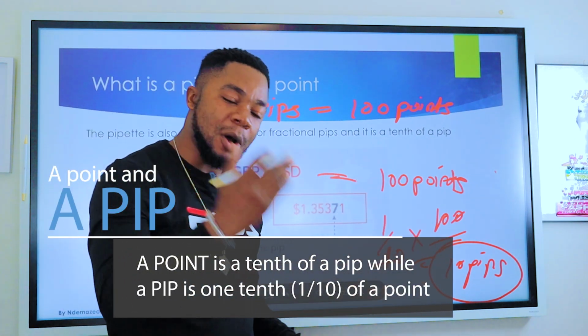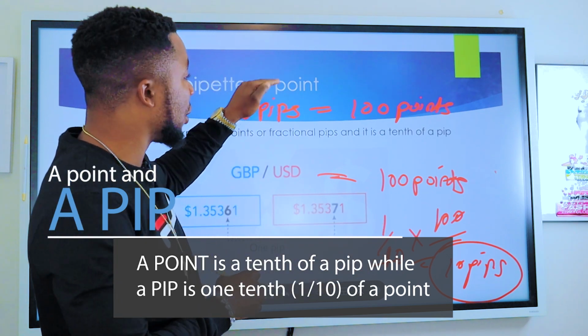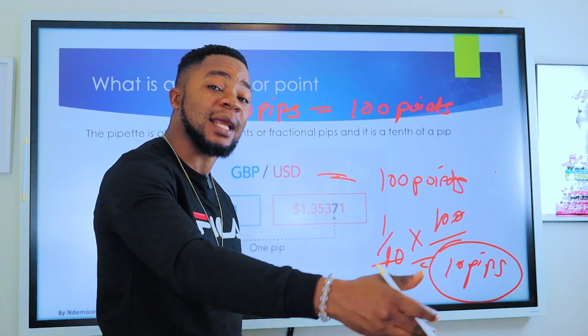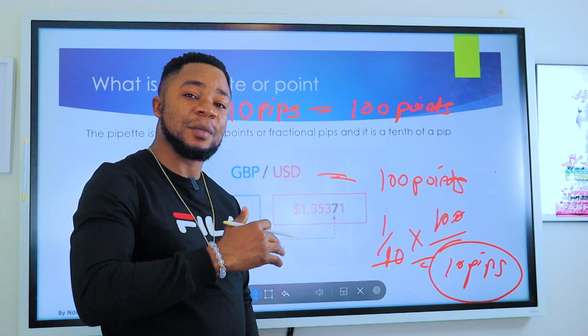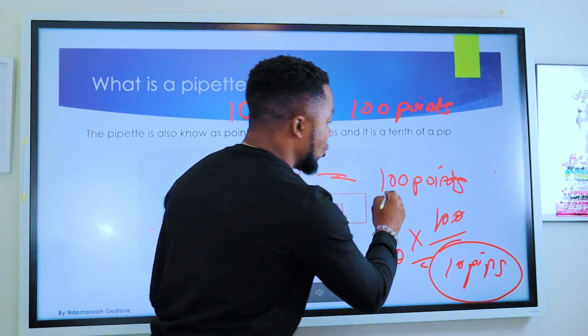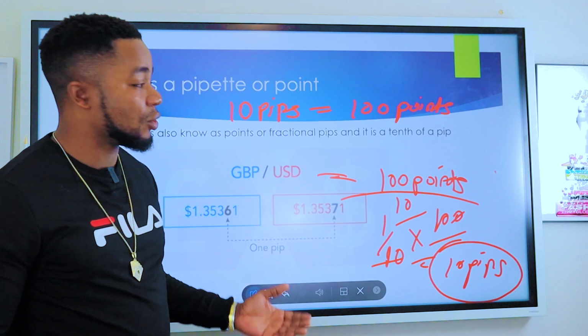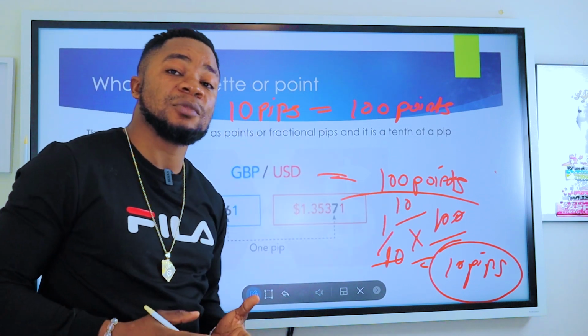Simple. A point or a pipette in Forex is a tenth of a pip, so you multiply the pips by 10 to get points. And to get pips from points, you divide the total number of points you have by 10. So that's just what they call a pipette or a point in Forex trading.